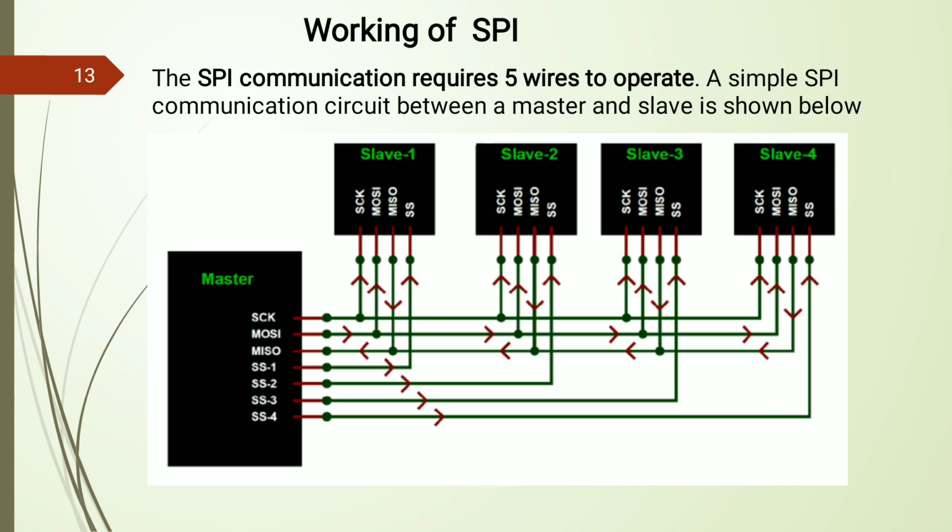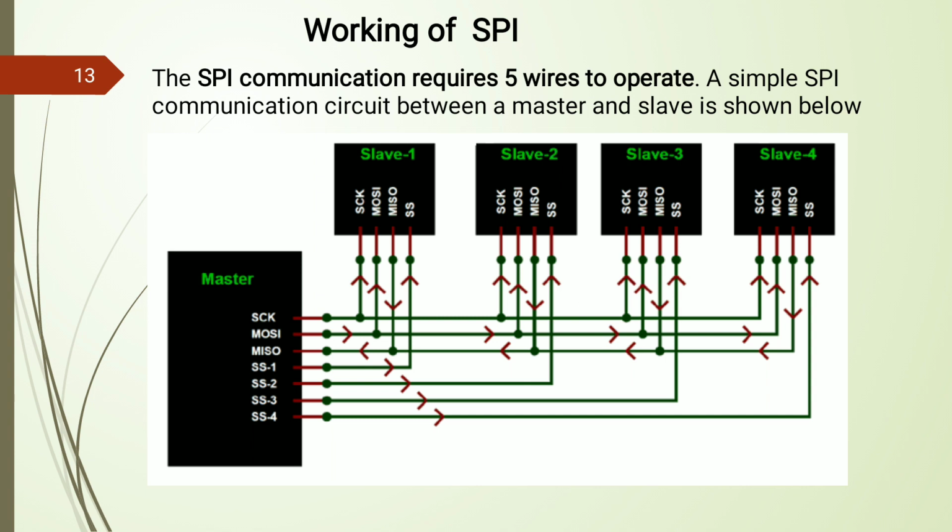For each slave there is a necessity of a synchronous clock between master and slave. So one pin is SCK, that is the synchronous clock, which is connected between the master and each slave. Second connection is MOSI, master out slave in.